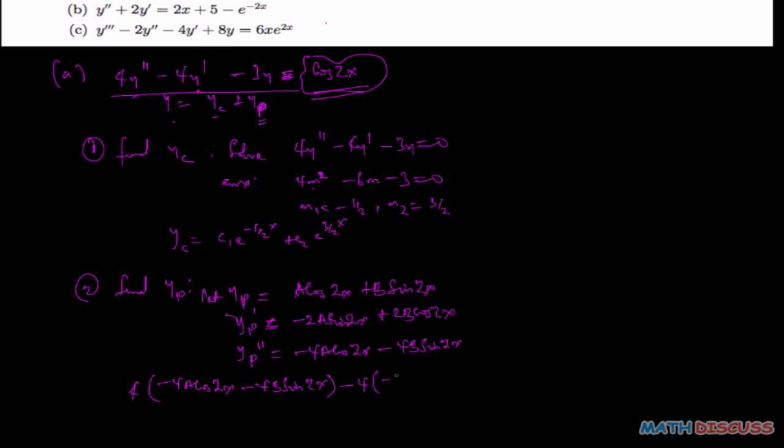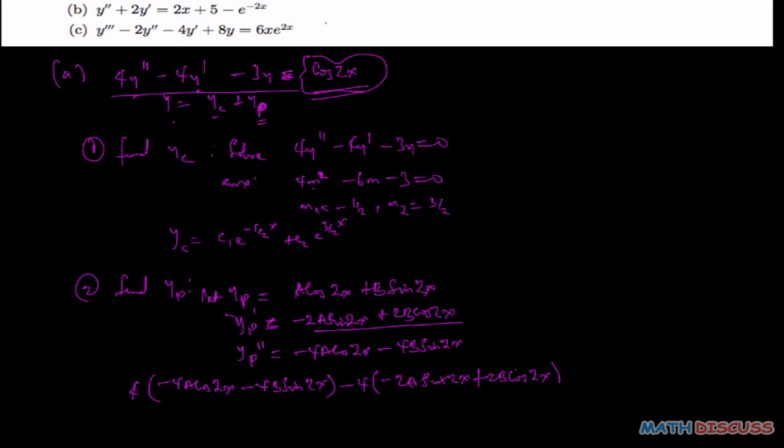That is y prime, which is minus 2a sine of 2x plus 2b cosine of 2x.